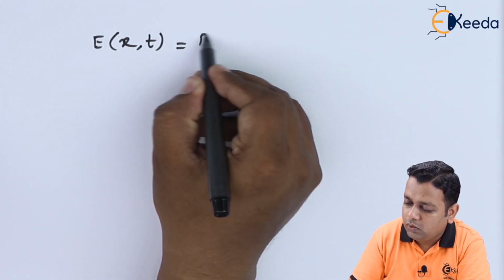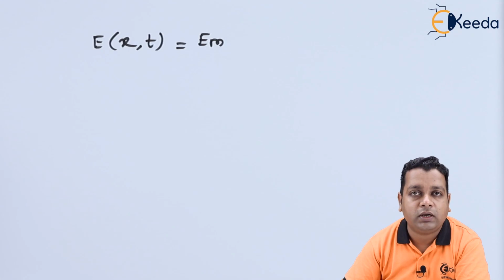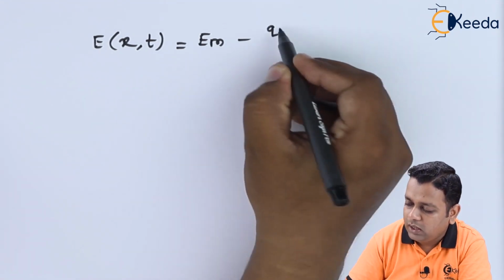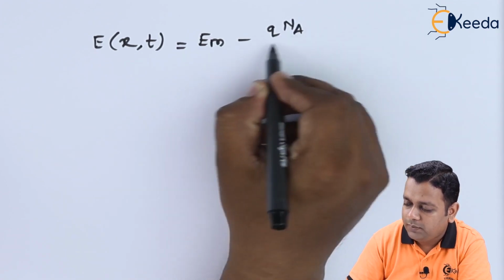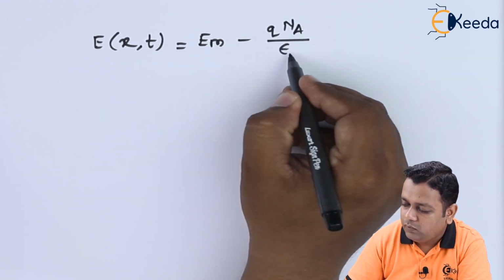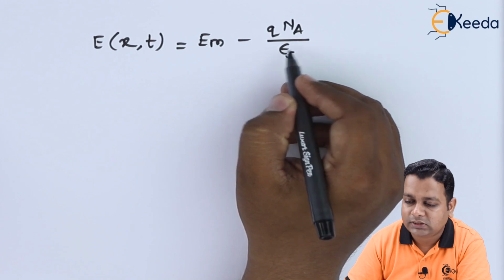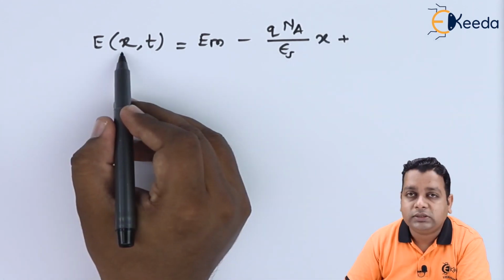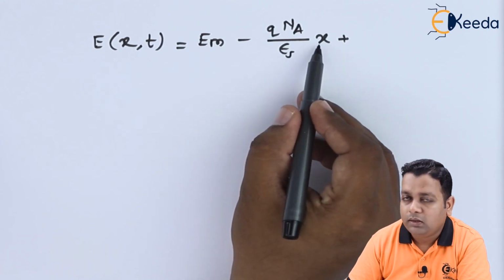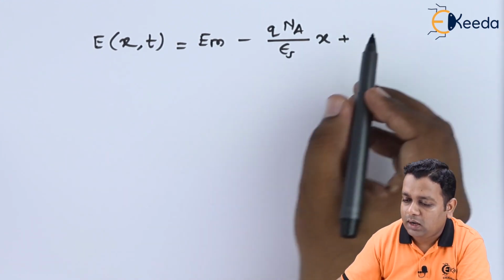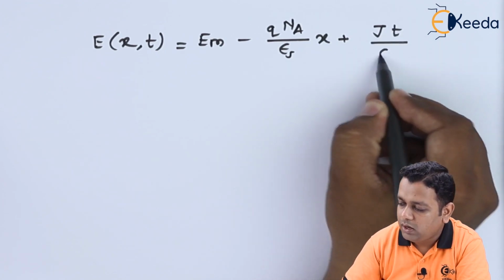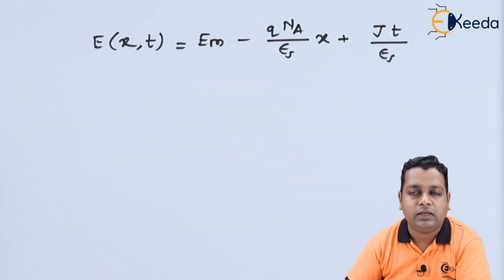So it will be equal to the maximum value of electric field denoted by E_M minus Q times capital N suffix A divided by epsilon suffix S, multiplied by the distance x, and it will finally be added with J times t divided by epsilon suffix S here.